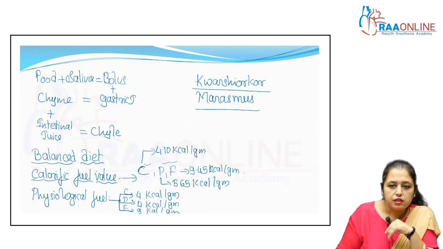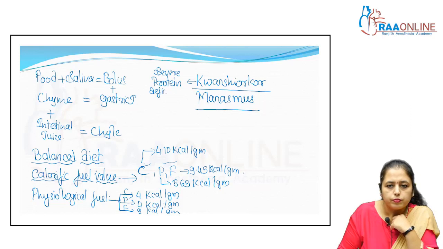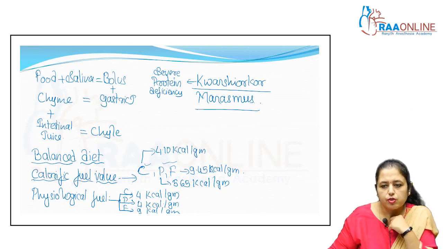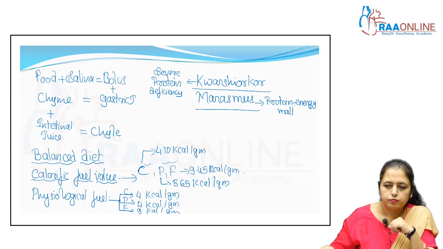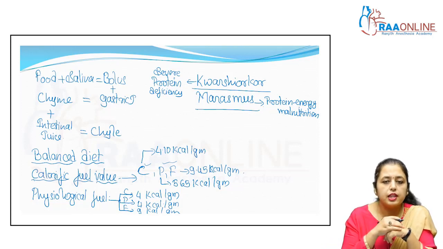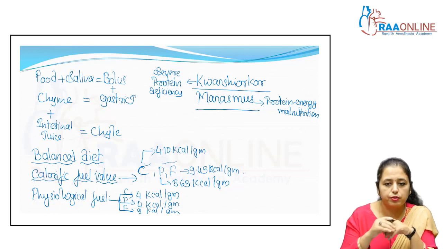In kwashiorkor, severe protein deficiency occurs. In marasmus, it is protein energy malnutrition, that means carbohydrate and protein deficiency, right?